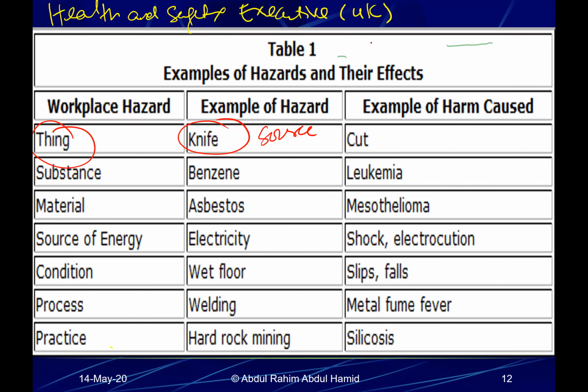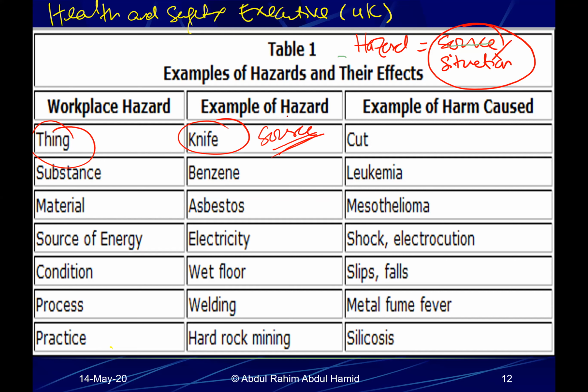Remember, hazard is equivalent to source or situation. The simple definition of hazard is a source or situation that can cause harm. Harm means injury, illness, property damage, or damage to the environment, or a combination. So a knife can be considered a source of hazard.